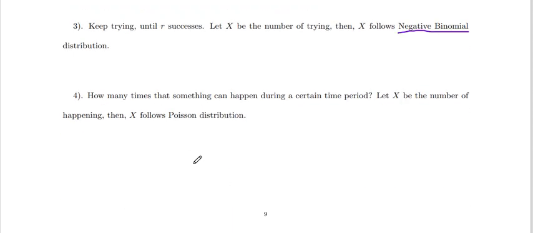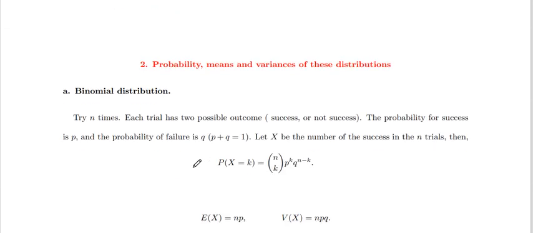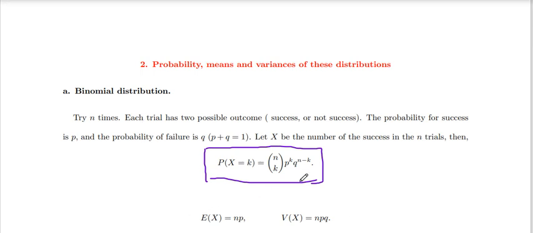Now we have the formulas. For the binomial distribution, which we are quite familiar with, P(X = k) among n trials, k times the good thing happens.